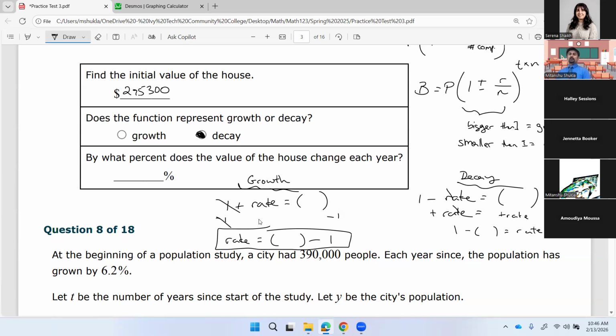If it's decay, do 1 minus whatever's in the parentheses to get the rate. Any questions?